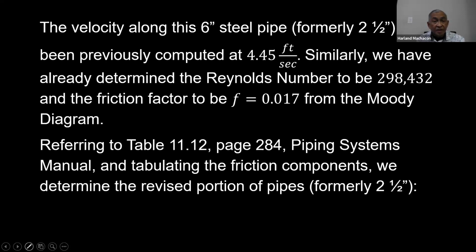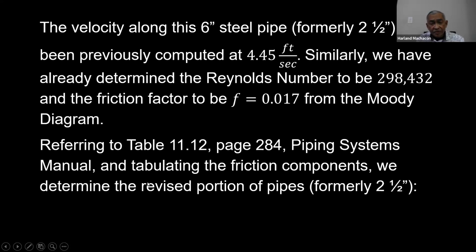And the velocity along the steel pipe was also computed at 4.45 feet per second. And similarly, we have already determined the Reynolds number to be 298,432 and the friction factor to be f equal to 0.017 from the Moody diagram.